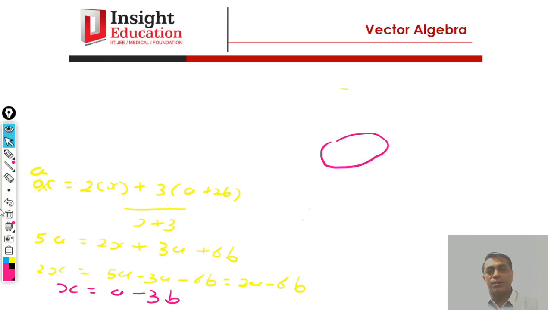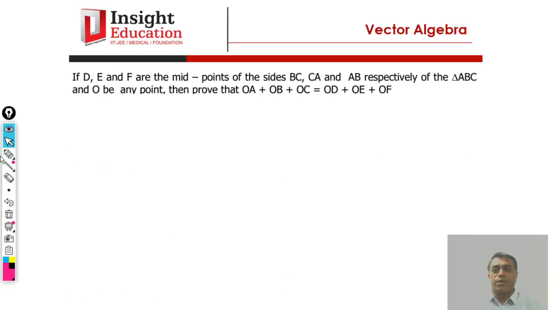So next example, one more. If D, E and F are the midpoints of the sides BC, CA and AB respectively, so I can say A, B and C. D is the midpoint of BC, E of CA, and F of AB.